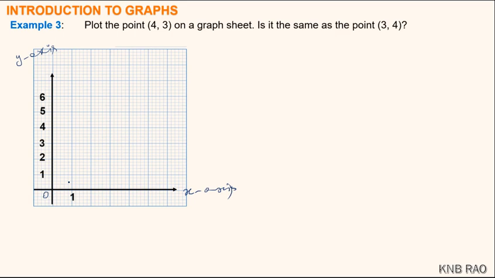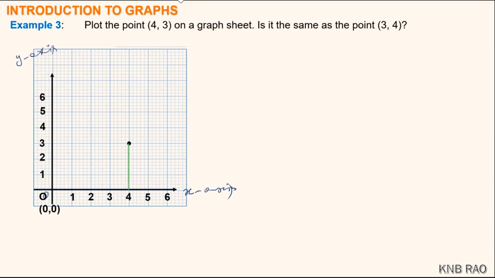So, on y-axis I have taken positive numbers, on x-axis I have taken positive numbers, and I am showing you only this portion. Now, 4, 3. So, origin I have taken O 0, 0. Now, which is this point? 4, 3. And why I could say 4, 3?